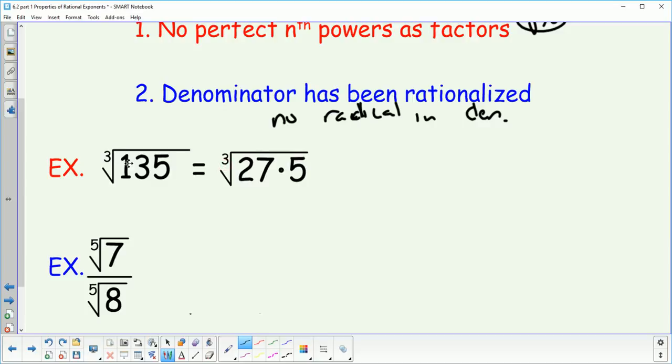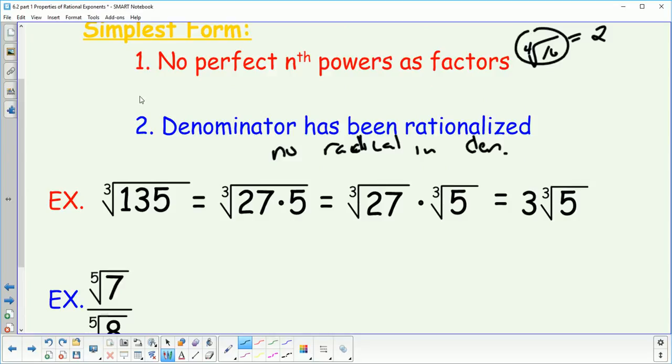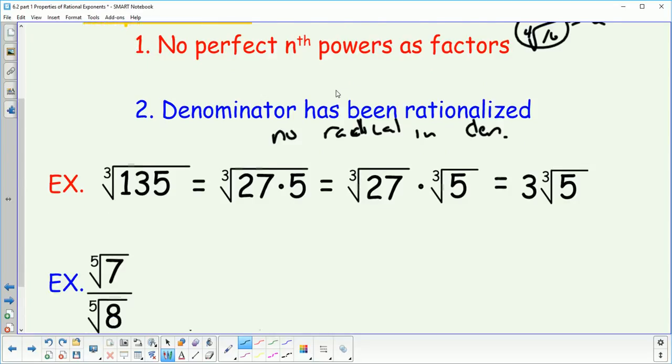So I know that 135 is 27 times 5, which is nice because then I can use those rules we just talked about. I can split this into two things, and the cube root of 27 is 3. So we'd get 3 times the cube root of 5. That is really rule number 1: no perfect nth powers as factors.